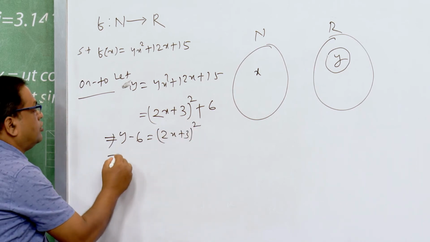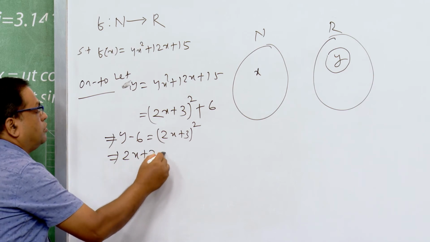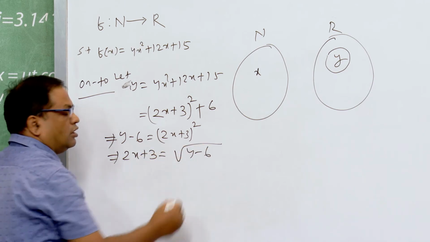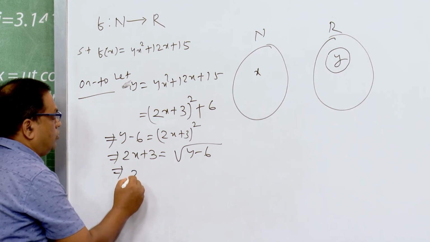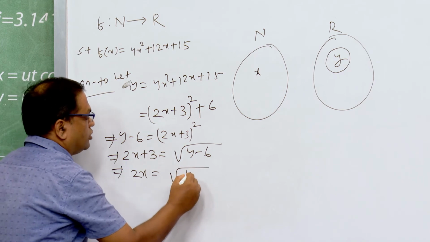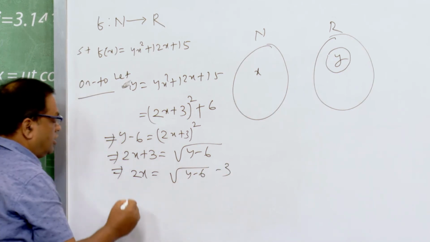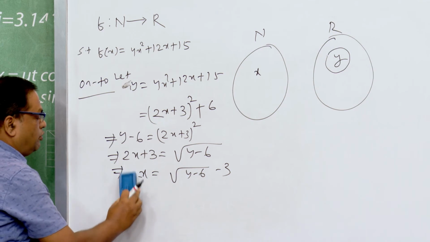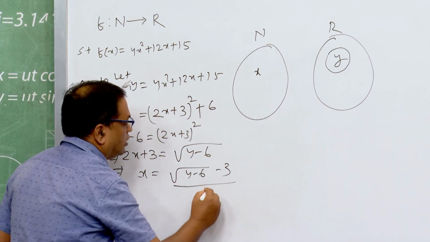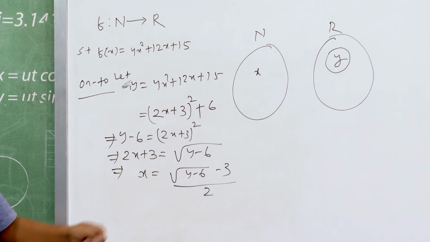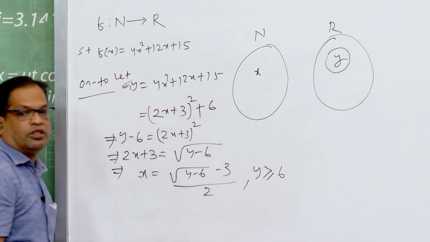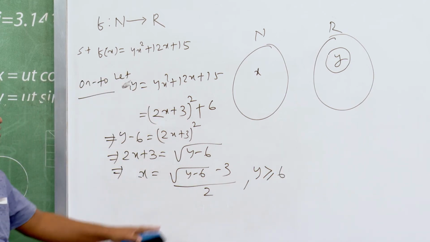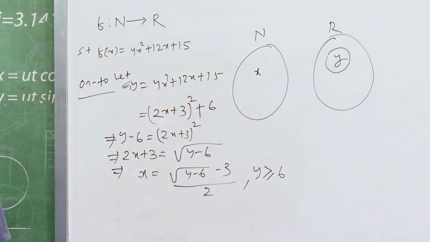So 2x + 3 will be root over y minus 6, and 2x will be root over y minus 6 minus 3, so that x will be that divided by 2. But this is defined only when y is greater than or equal to 6, because if y is less than 6, then x will be undefined.